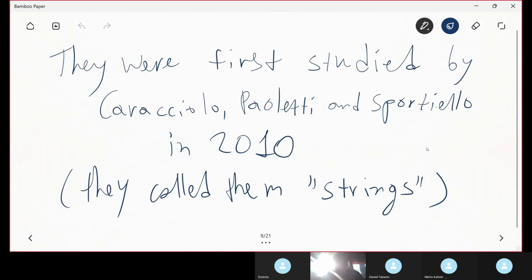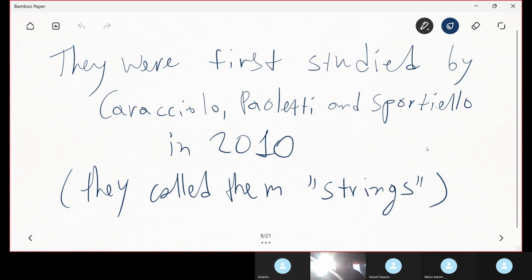Okay, and for your information, these solitons were coming under the name strings by the group of condensed matter physicists, Caracciolo, Paoletti, Sportiello.